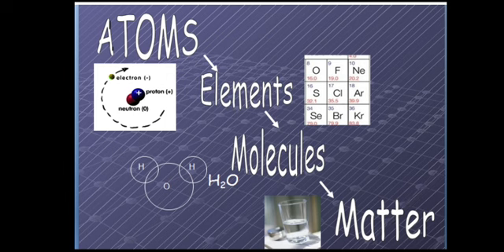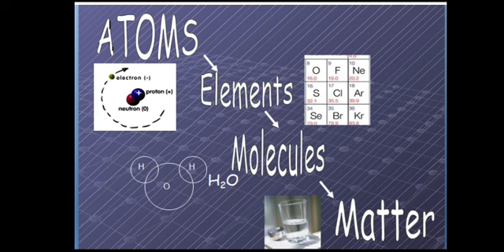Okay, my dear children? Now next, when you combine two or more atoms, it becomes a molecule. This combination can be of two types: atoms of the same element or atoms of different elements. When I combine the same group of atoms, it is an element.